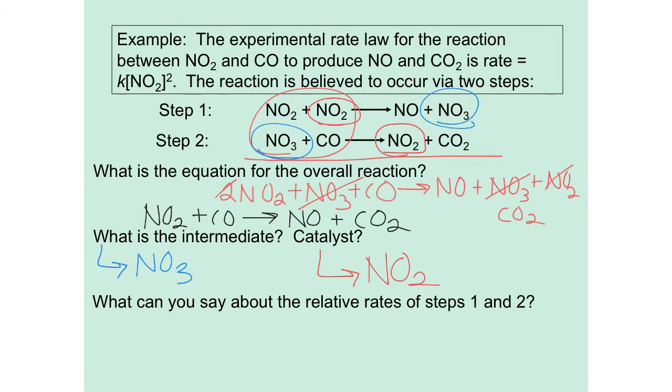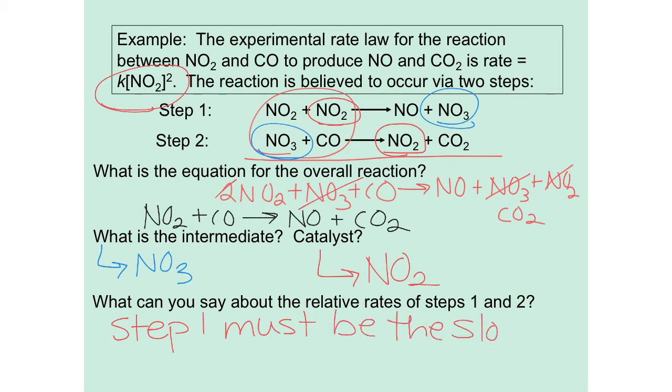Lastly, what can we say about the relative rates of step 1 and step 2? So our rate law is K times the concentration of NO2 squared. Therefore, step 1 must be the slow step because step 1 is the rate determining step because the rate law matches step 1.